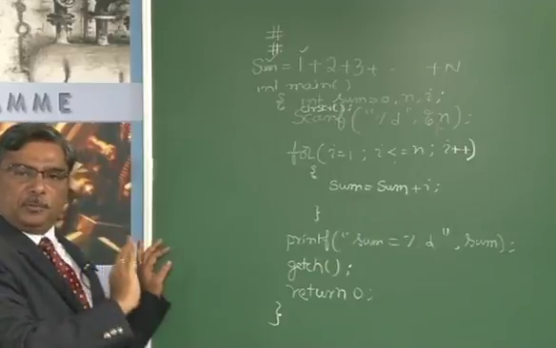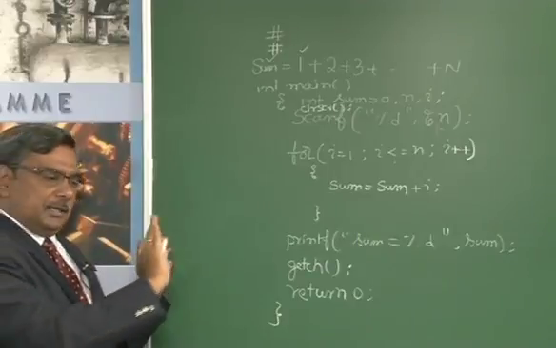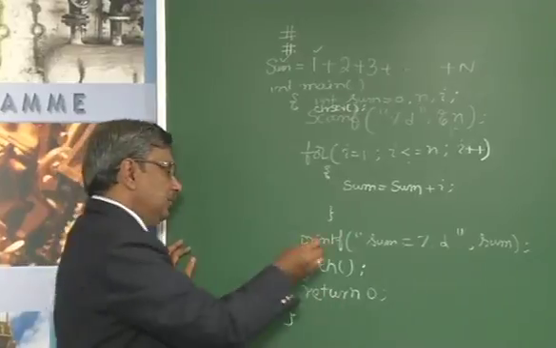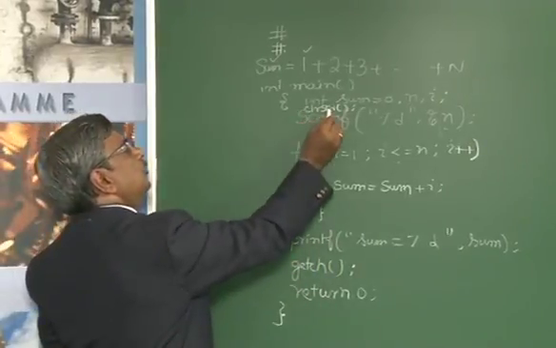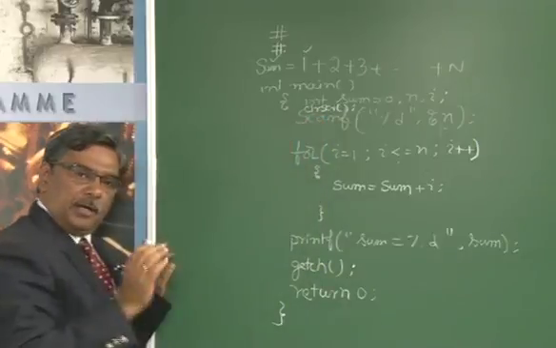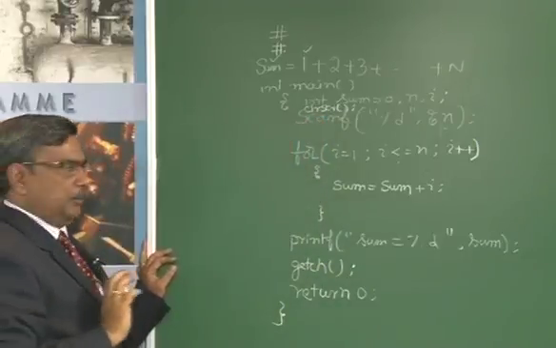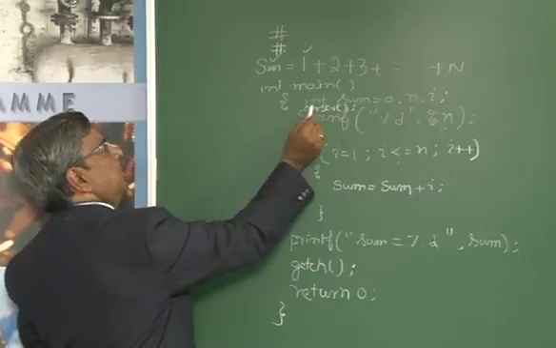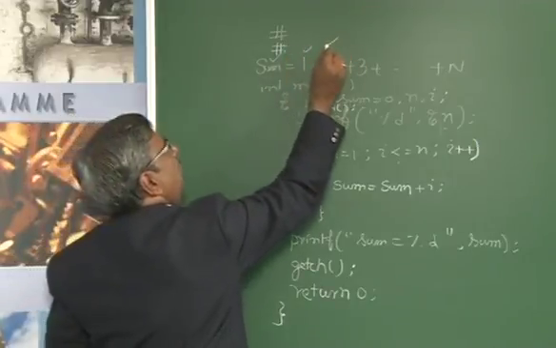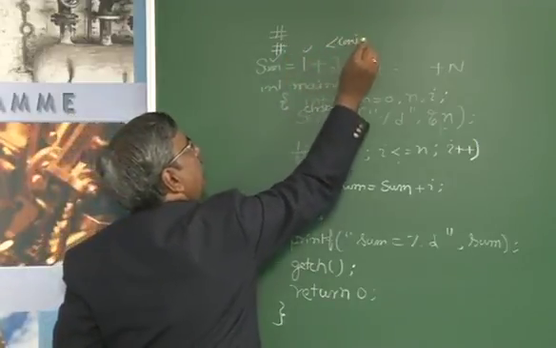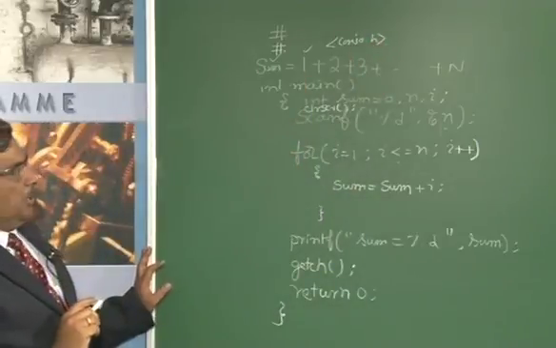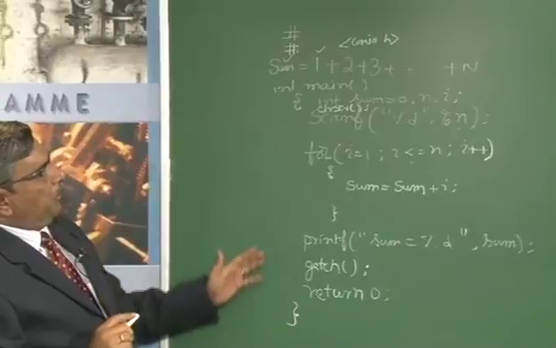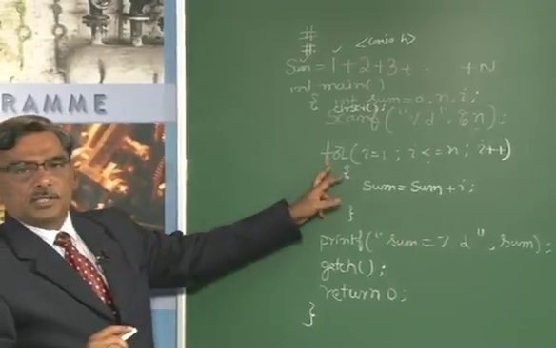If any output is present in your output screen, it will be wiped out and the new program output will be seen. If you want to use this function, the corresponding prototype or header file should be available in your program. This prototype is present in conio.h, hence it will not give any error and will start executing. So this is how you can develop your program using the for statement.